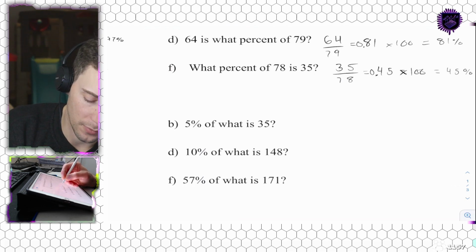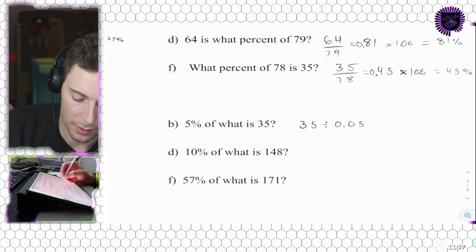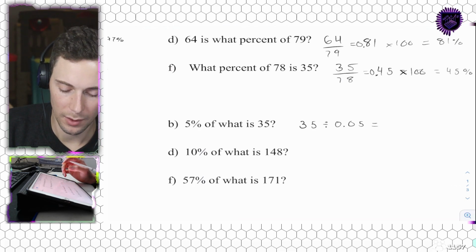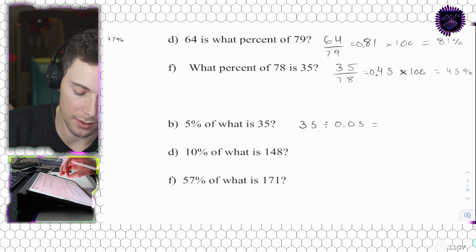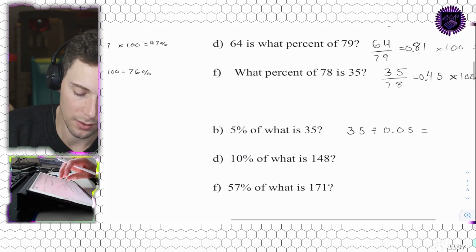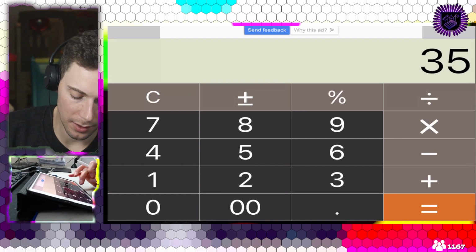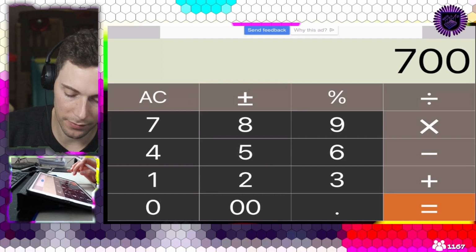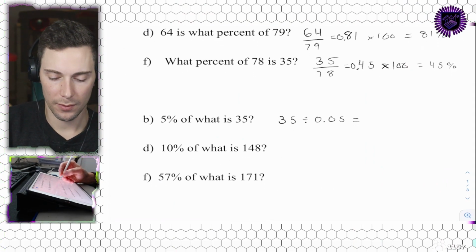So we're going to go 35 divided by 0.05 equals, and that's going to be like 700. 35 divided by 0.05, 700.